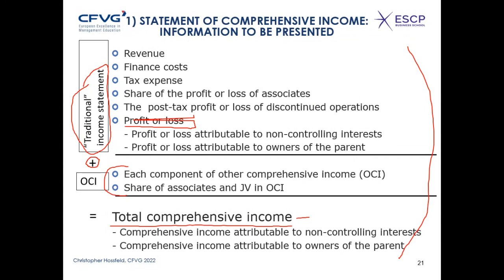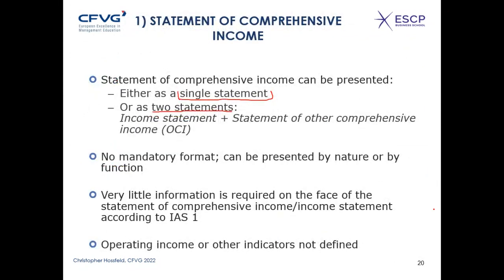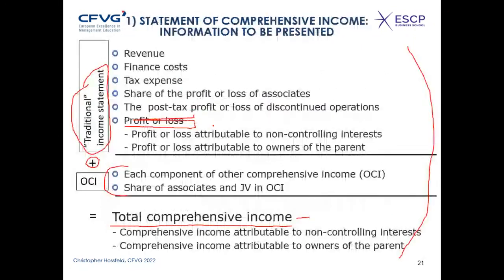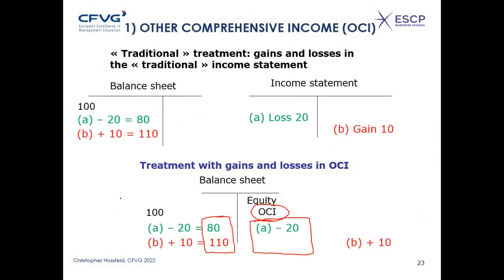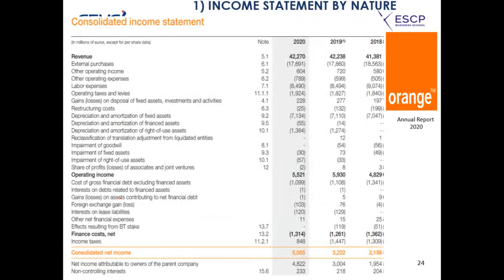And two statements means, well, I split them. Since I have two parts, I present the two parts separately. That means I will present the traditional income statement on one page, and I will show profit and loss and OCI on a second page. And that's the distinction. So let's see this here by looking at the examples.